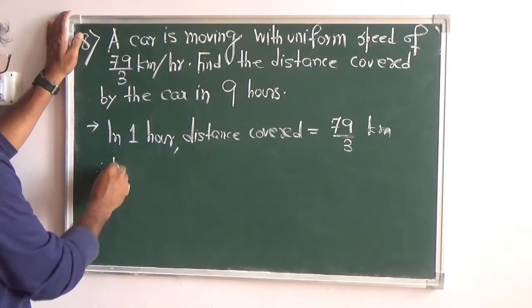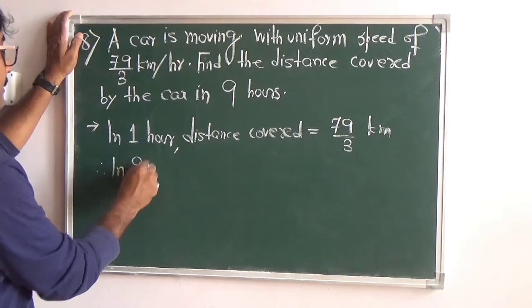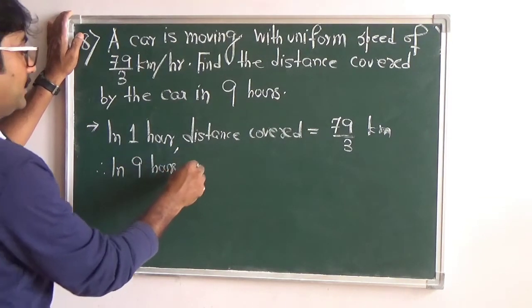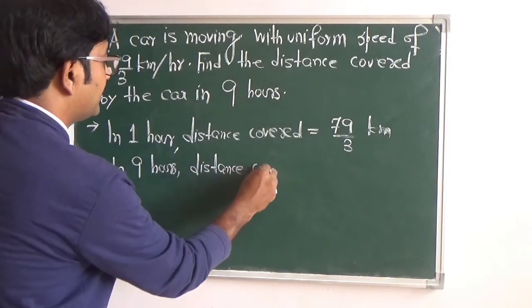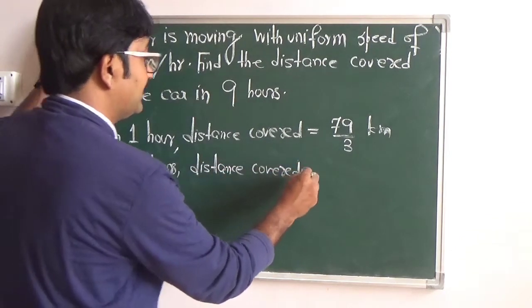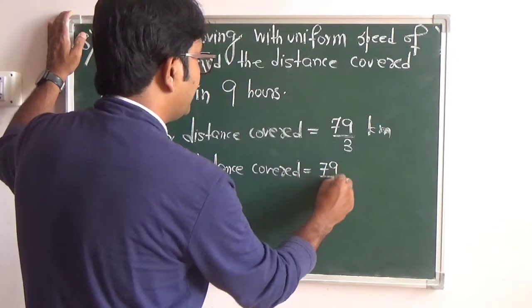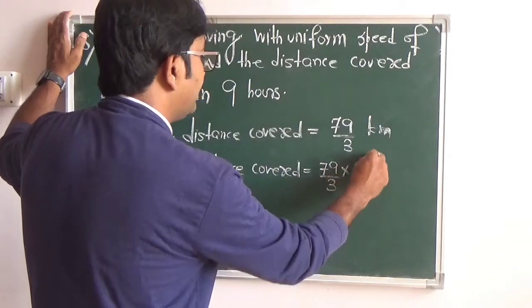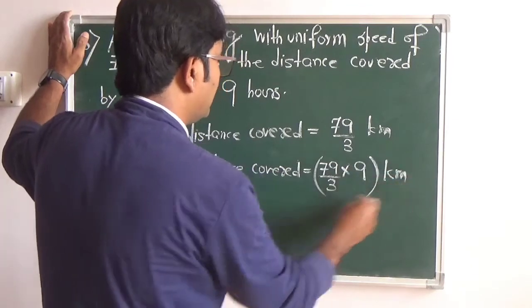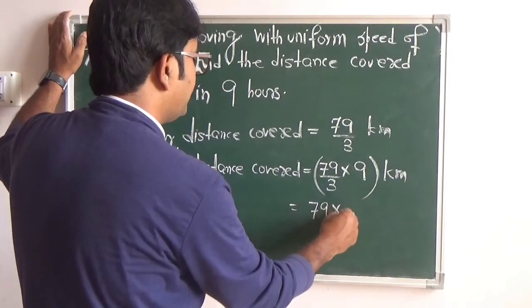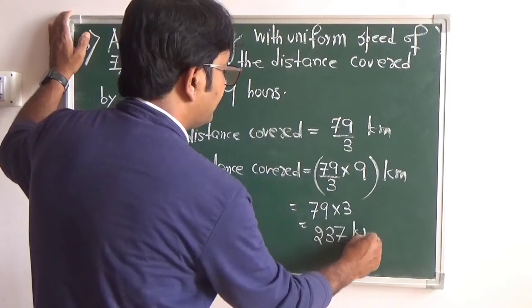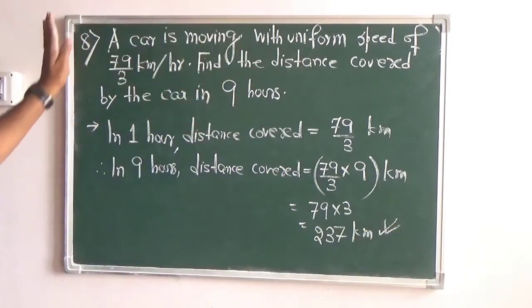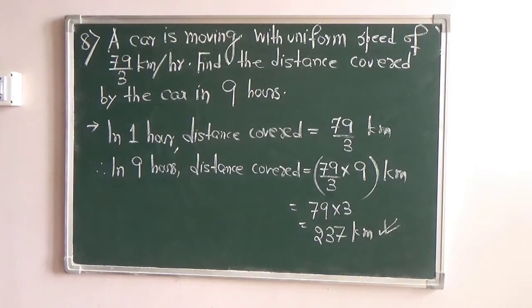So therefore, in 9 hours, distance covered is equal to 79/3 into 9 kilometers. So this is 79 multiplied by 3. So it is 237 kilometers, the total distance covered by the car in 9 hours.